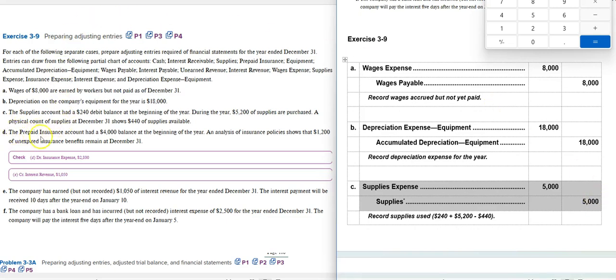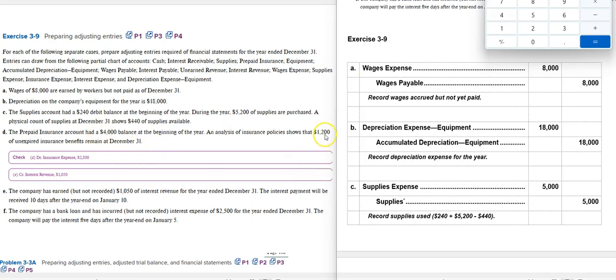In D, the prepaid insurance account had a $4,000 balance at the beginning of the year. So we started the year with $4,000 in prepaid insurance. An analysis of insurance policies shows that $1,200 of unexpired insurance benefits still remain at the end of the year. Our asset is reporting we have $4,000 worth of prepaid insurance.